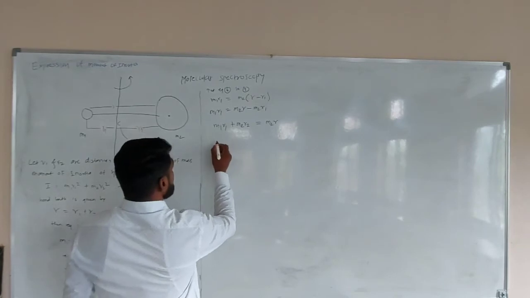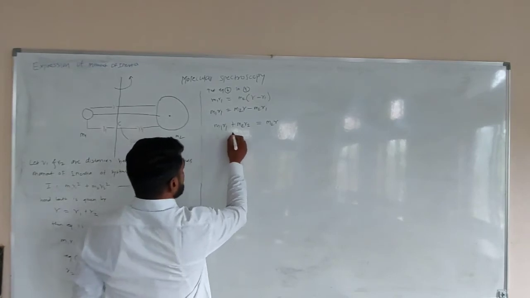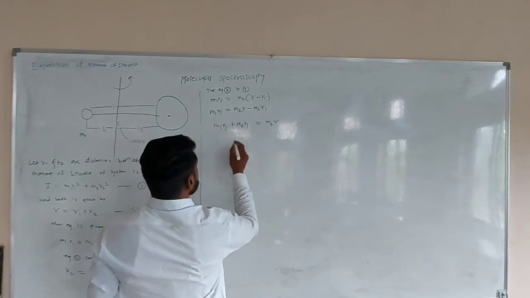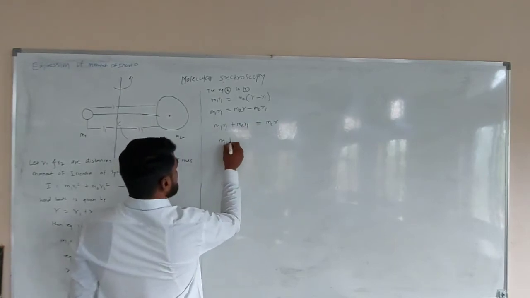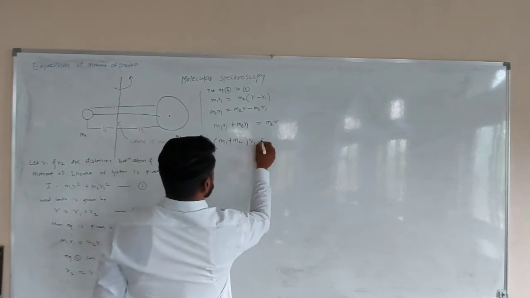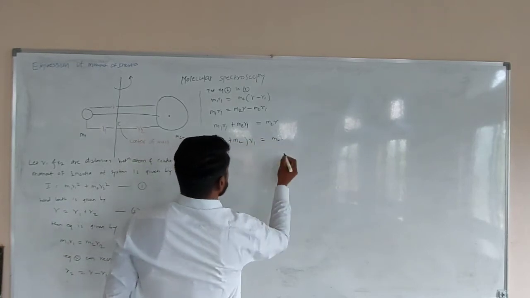Now separate out the common term, that is (m1 plus m2) inside the bracket times r1 is equal to m2 R.